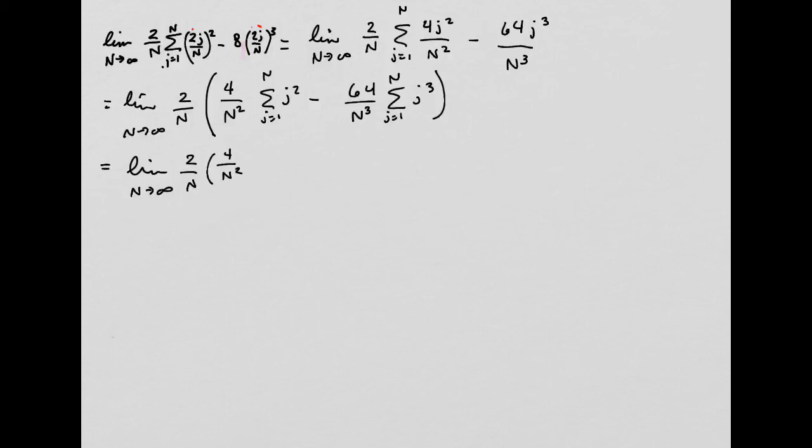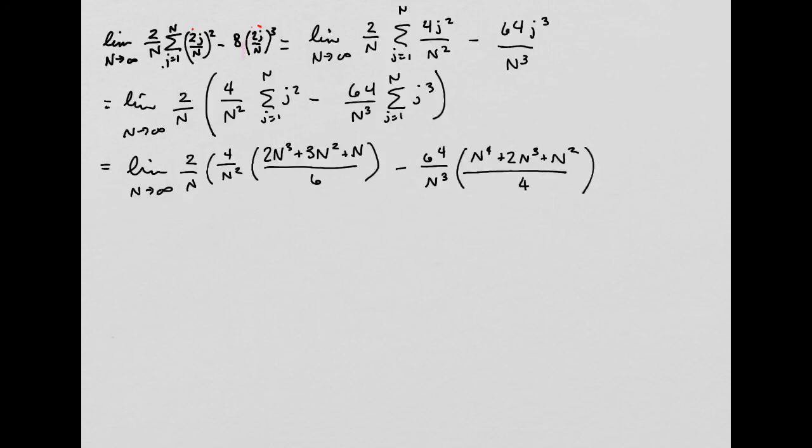And then the power sum from j equals 1 to n of j squared is 2n cubed plus 3n squared plus n all over 6. And then minus that 64 over n cubed. And the power sum of j cubed is n to the 4th plus 2n cubed plus n squared all over 4. All right, and then we're going to distribute this whole thing.